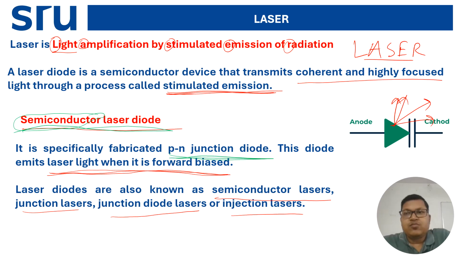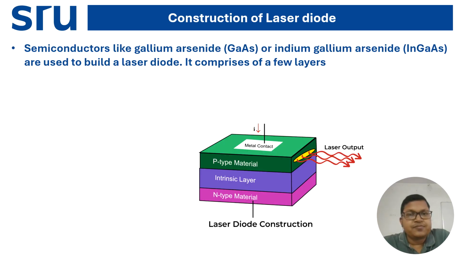Okay, let's move to the construction of the laser diode. Here is the physical layer construction of the diode. Let's first try to understand what is written here. It says that semiconductors like gallium arsenide and indium gallium arsenide are used to build a laser.